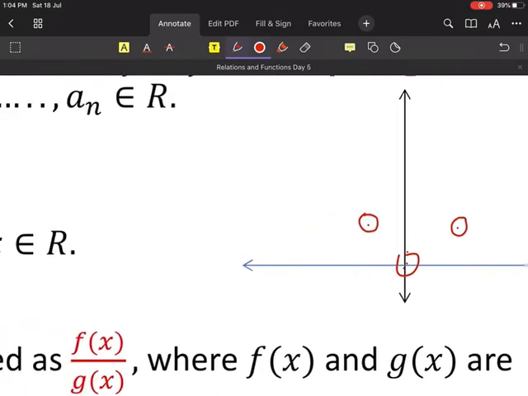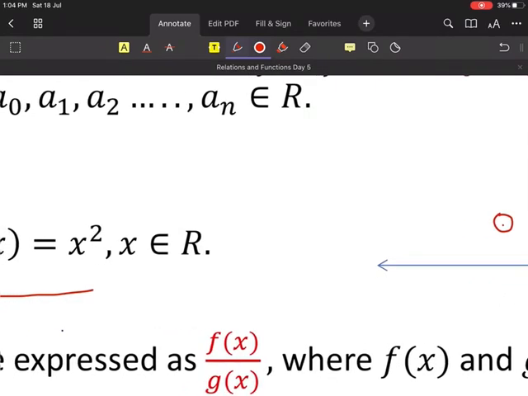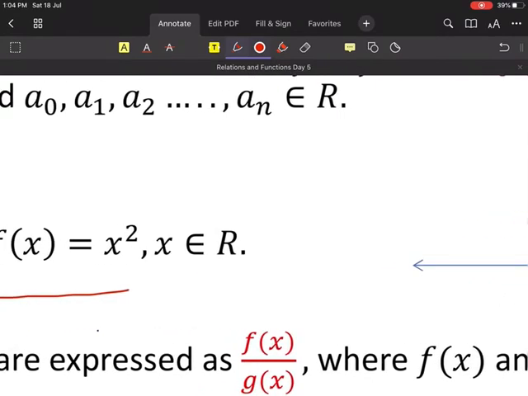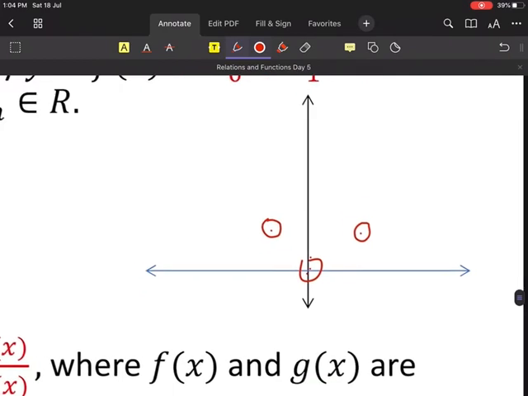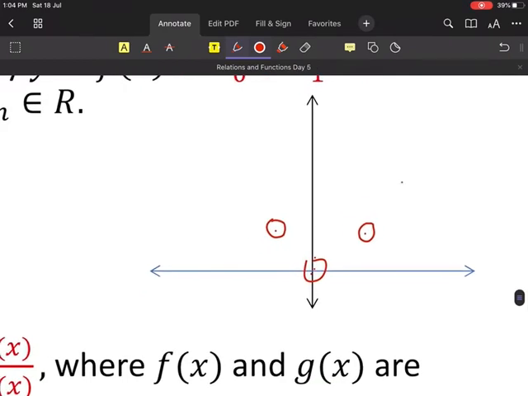When x is 2, y is how much? 8. Wow. I am dealing with x square, not x cube. I am drawing the diagram of x square. Acha, I'm sorry. 4, very good. When x is -2, y is how much? 4.